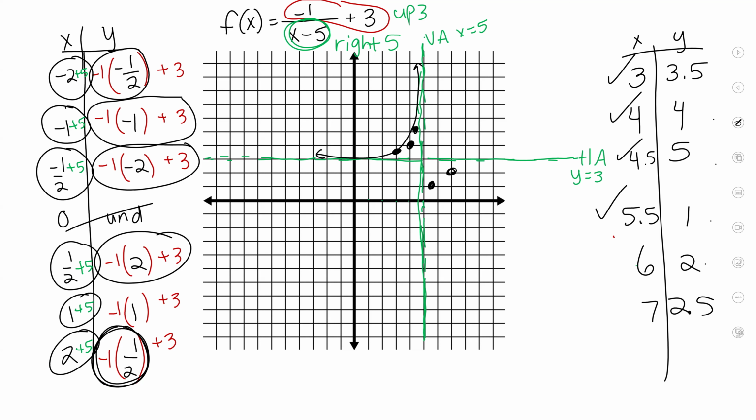Right here. And 7, 2.5 here. So that's my graph. And of course, your domain, you cannot equal the asymptote, so it can't be 5. And your range, it cannot equal the asymptote, so it cannot be 3.